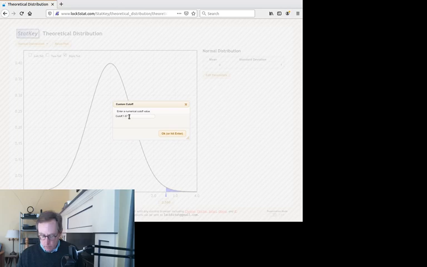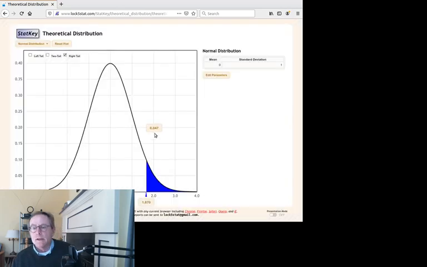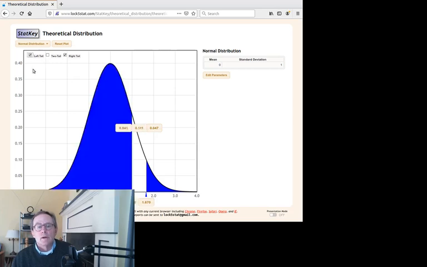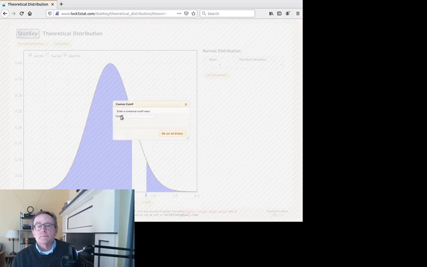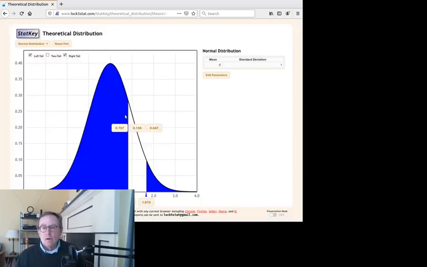It tells me that the red area is 0.047, and then I want this one to be 0.83. And it tells me the three areas. On the left is 0.797, in the middle is 0.156, and on the upper is 0.047. I want the middle, so the answer to this question is about 16%, 15.5 or 16%. This area here is about 16%.